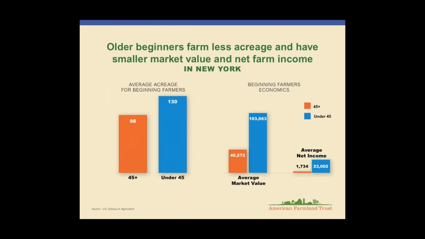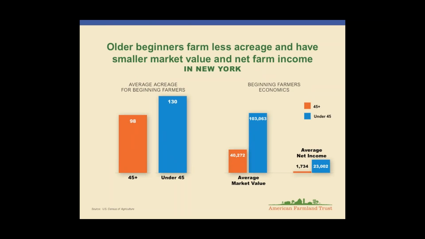So we looked then at these older beginners to understand more. We wanted to look a little bit at the economic and land use footprints of beginners by age. And in New York, you can see that younger beginners farm more acreage. That's quite a bit of difference.